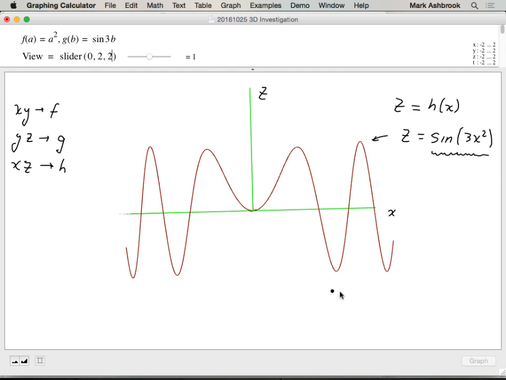This is one way to think about the composition, the streamlined rule that eliminates the middleman, which was y. We just show sine of 3x squared as the relationship between x and z.